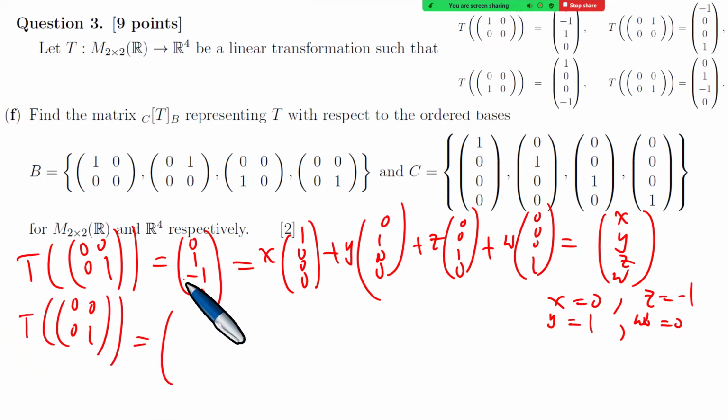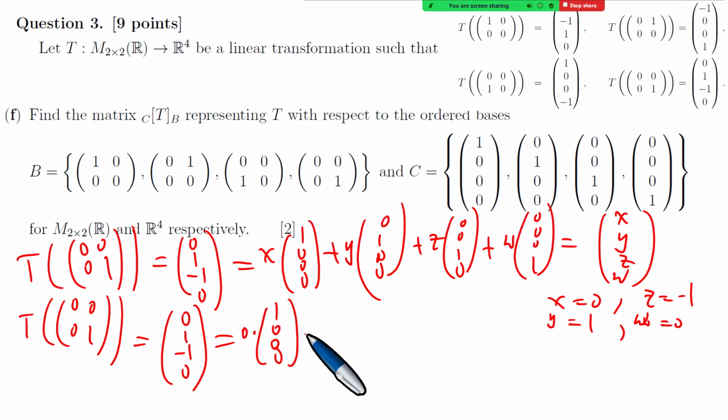Its image is this one they gave us. But for the matrix representation, just practice 4 times, 4 vectors. So the x, therefore, would be 0. The y is 1. The z is -1.